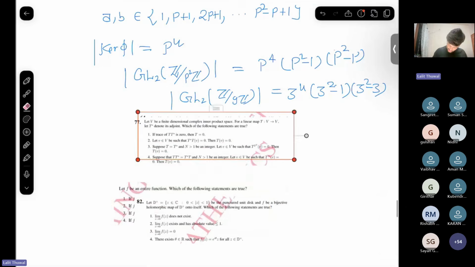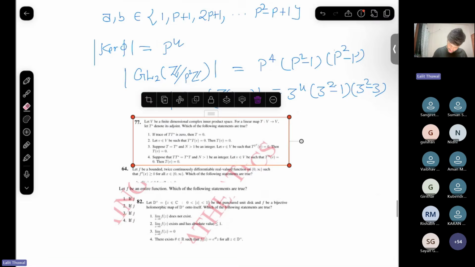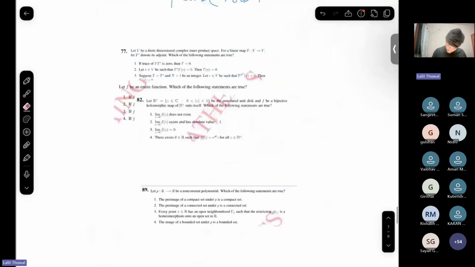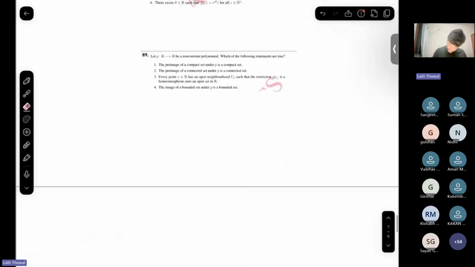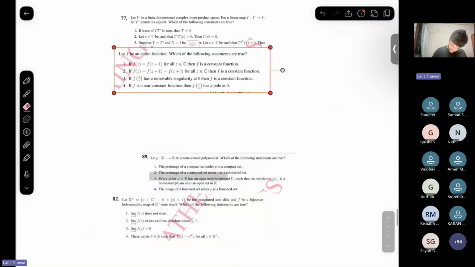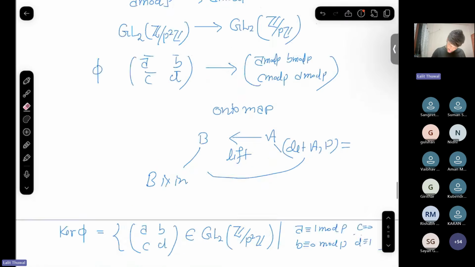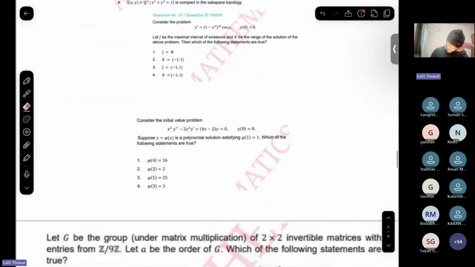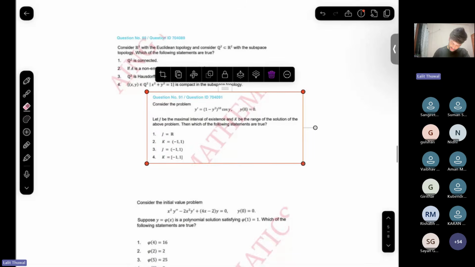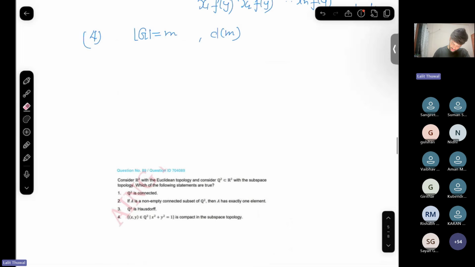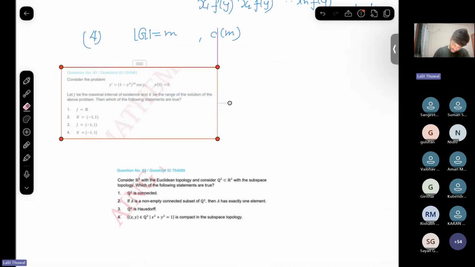So this is all, I think, from December 2023. Or do we have some more problems? Let me see. No, there is an ODE problem. Yeah, I want to discuss this one also. So let's paste it here.